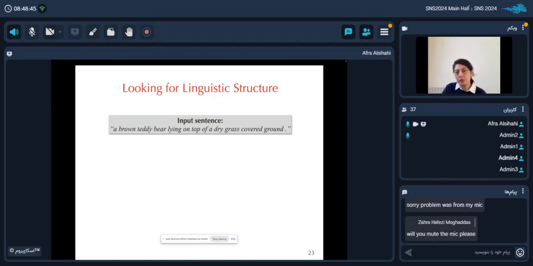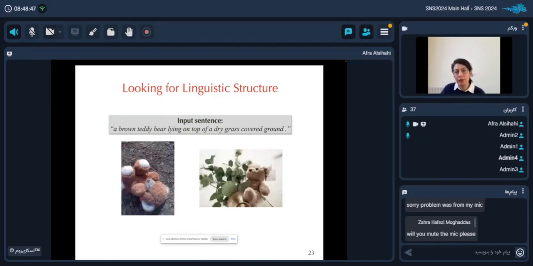And if I give this to my grounded speech model, these are the top two images that the model returns, and both of them seem good choices, right? Both of them contain some brown teddy bear, and there's some grass on both of the pictures. One of them contains dry grass, the other one some green leaves. But anyway, this seems like a reasonable response.